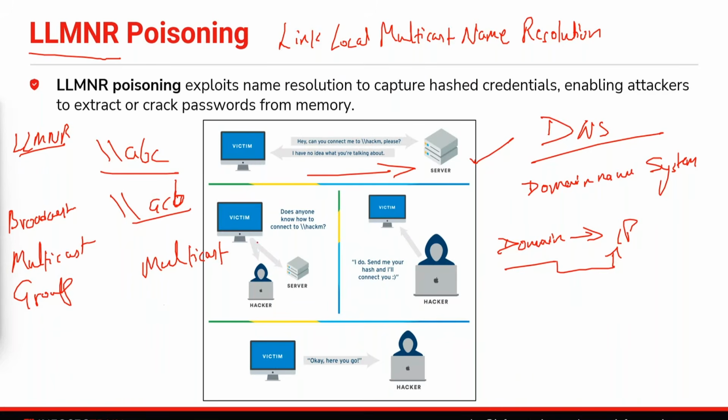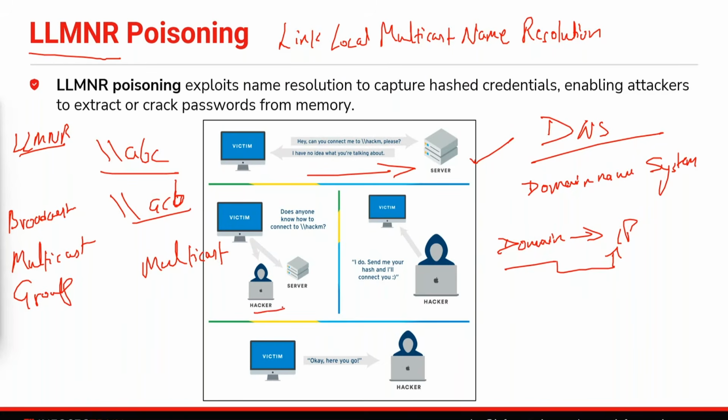Now the device which wants to reach the ACB shared folder will send that request to everyone in the network, asking whether anyone knows where ACB is.